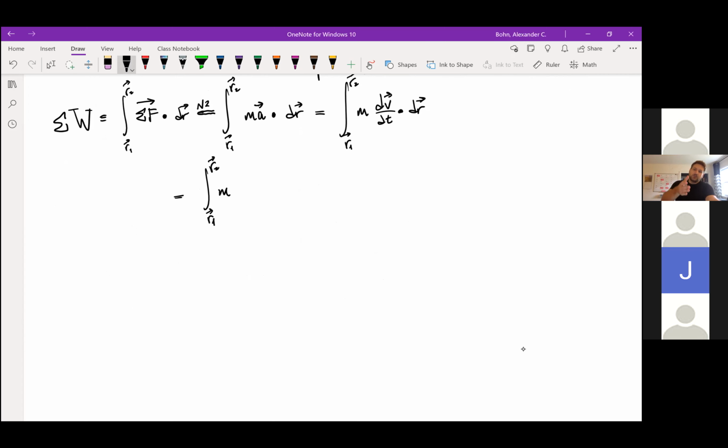We take the x component of one and multiply by the x component of the other. And then we add that to the y component of one times the y component of the other, and so on. So we end up with that.